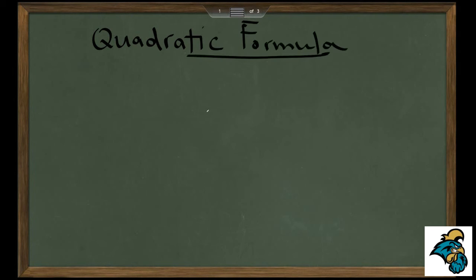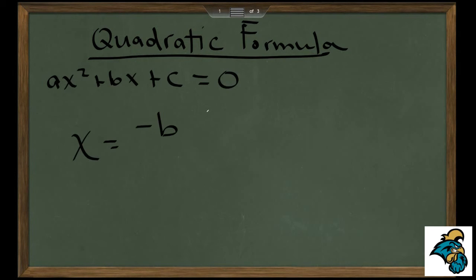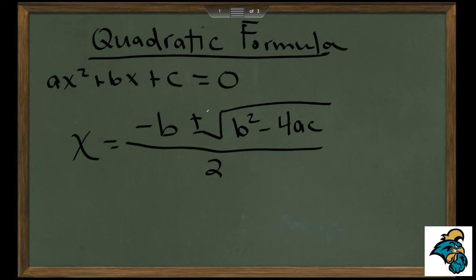The quadratic formula is used once you have your equation in the form ax squared plus bx plus c equals 0. And the quadratic formula itself is x is equal to the opposite of b plus or minus the square root of b squared minus 4ac all over 2a.